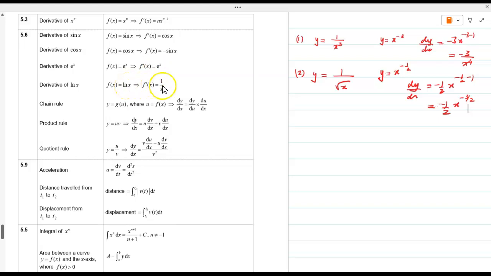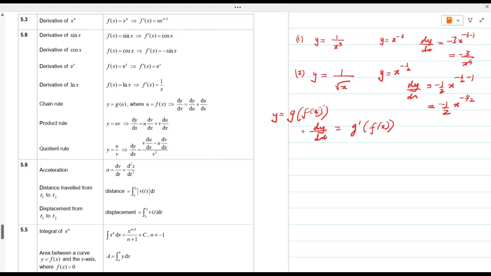Derivative of ln x. Now this is your chain rule. If you have a composite function, y is equal to g of u, and u is a function of x. So if I want to write your chain rule in one form, y is equal to g of f of x. Then what will your dy by dx be?